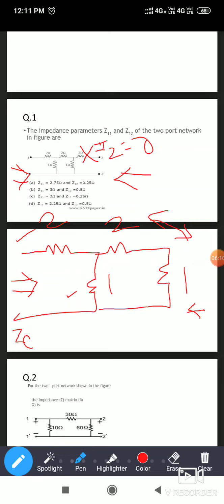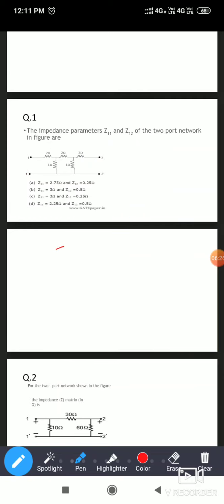So Z equivalent 1 is equal to 2 plus 1, that is in parallel with 1, and finally it is in series with 2. If you are calculating that, 3 is parallel with 1, plus 2.